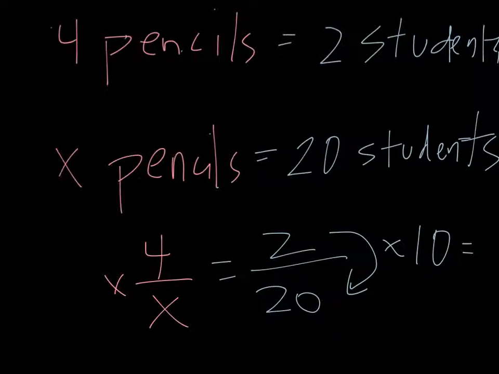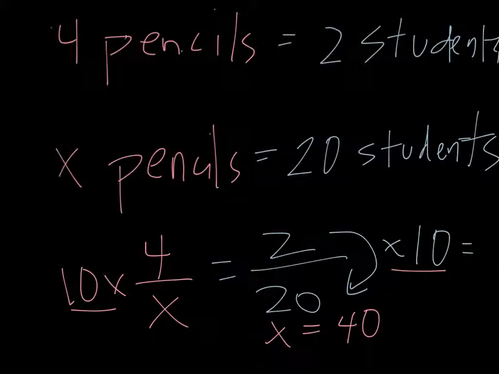So here, I multiplied by 10 here. I need to multiply by 10 on this side. 4 times 10 equals, that's right, x in this case would equal 40. So if I have 4 pencils for every 2 students, I need 40 pencils for 20 students. If you got that answer, great job, guys. Let's keep on going.